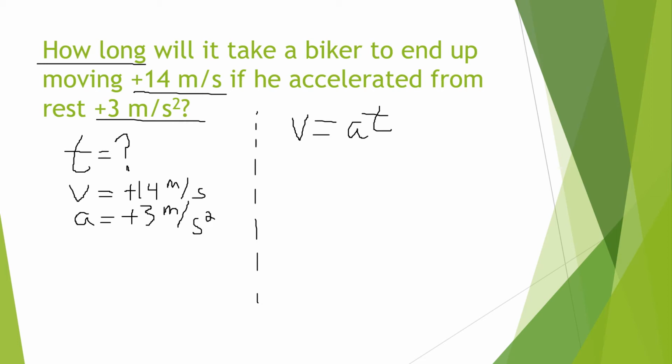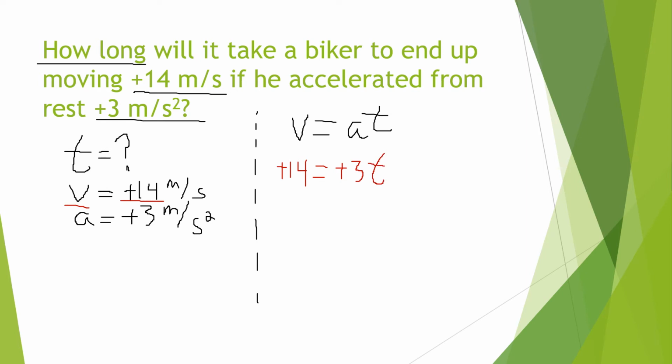But that doesn't solve for time. I know, and that's okay, because we can use algebra to solve it ourselves. Let's see. Well, velocity is 14, so where it says v, I'm going to put in plus 14. Where it says a, I'm going to put in plus 3, and the t is going to remain the variable.